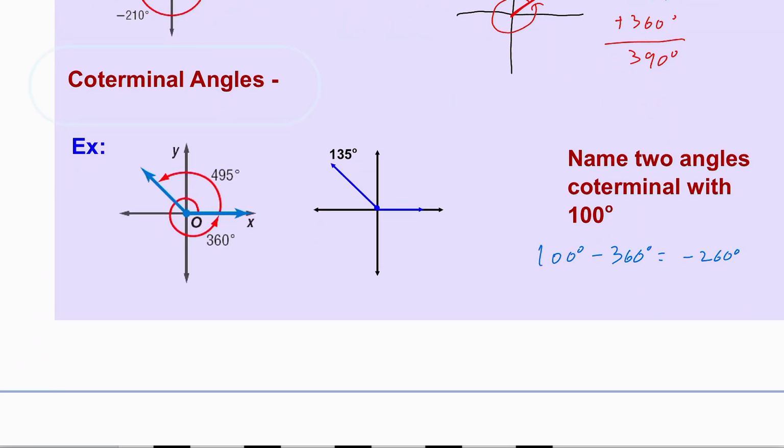So I'll quickly draw this here. What we're saying is that a 100-degree angle, which is a little bit past 90 degrees into the second quadrant, is the same thing as a negative 260-degree angle. They land in the same place.